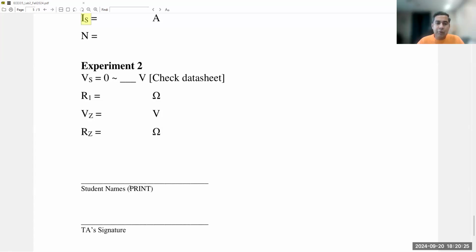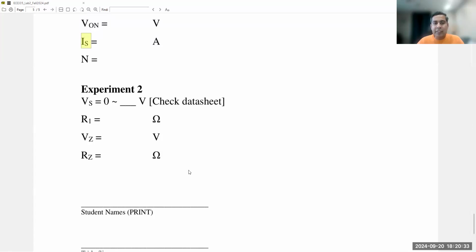Usually, when you are showing this data, we will give you a signature if your data is correct. But we will definitely ask you about the circuit and the experiment: how you derived these values, how you did the experiment, which steps you took, and what cautions or expectations you had.